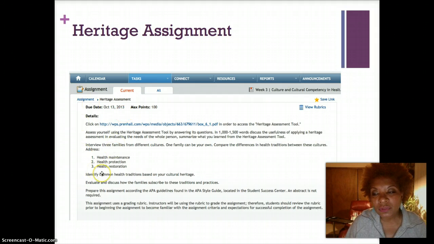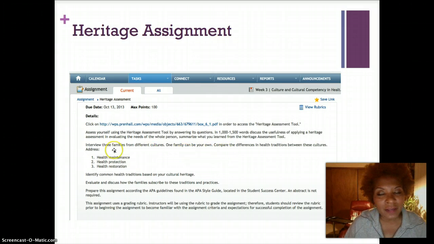Now, I want to emphasize the word compare, because in last week's assignment you were to do a comparison of the articles, and some of you didn't do that, and therefore your score was not as high as it could have been.